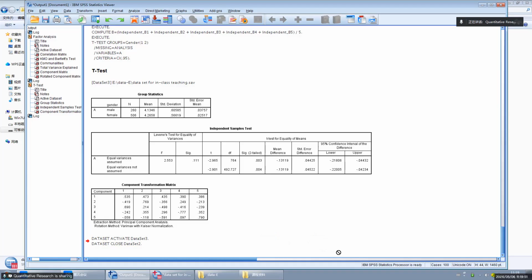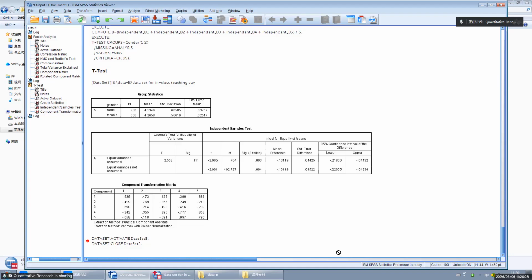So now what do we already know? We already know the significant difference between boys and girls. But if you want to report the finding, is the result clear to the readers? No. The readers want to know whether boys are higher than girls or girls higher than boys.